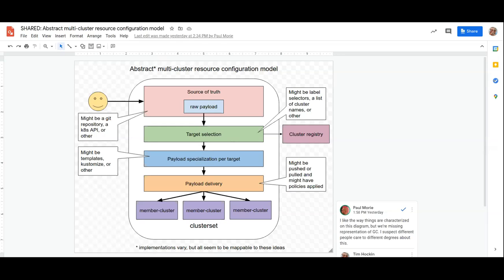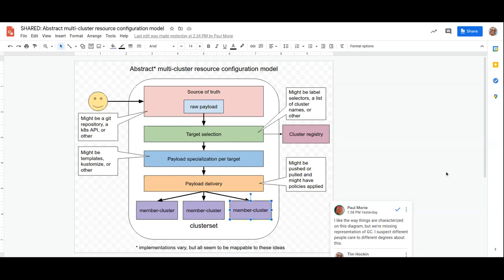So one other variable that I think is present in this chart, that I don't know that there's a good way to do, is that the payload itself has many different forms. The best thing that I can draw through that space currently is a pattern of I'm distributing individual resources, or I'm distributing a package, right?